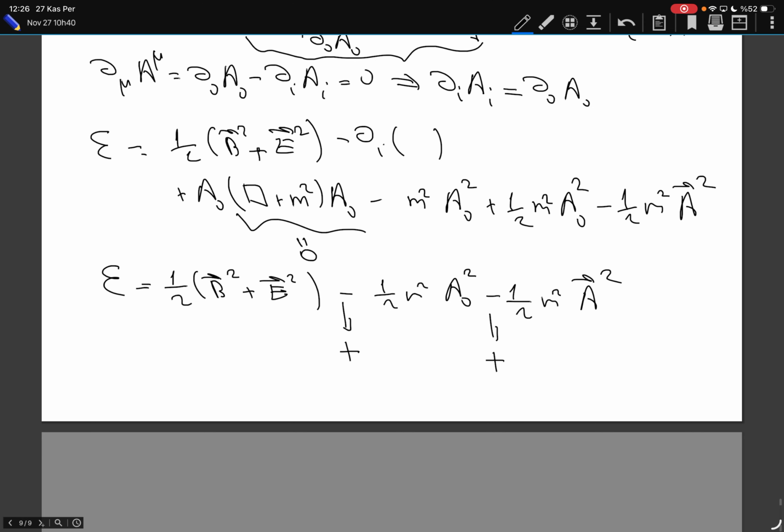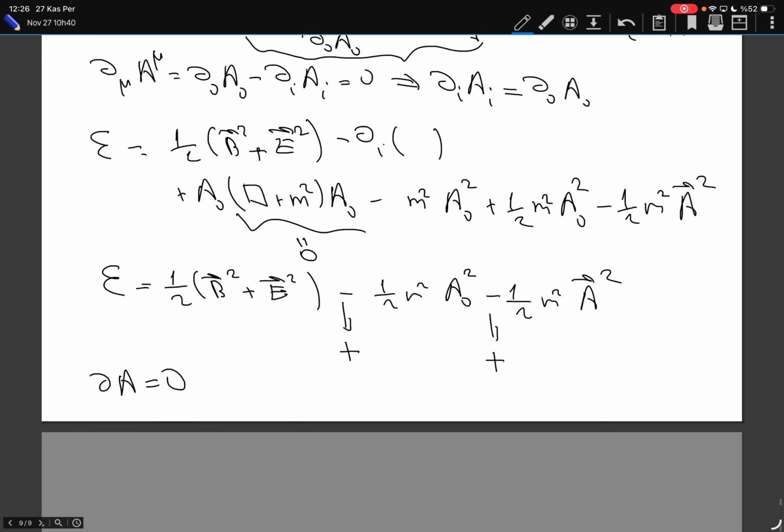So you see, if I just added 4 fields and treat them as if they are transforming under the Lorentz symmetry, I don't get an energy momentum tensor, energy density, which is bounded from below. But then I derive this Proca Lagrangian, and then my new vector field satisfies this condition del dot A is equal to 0.